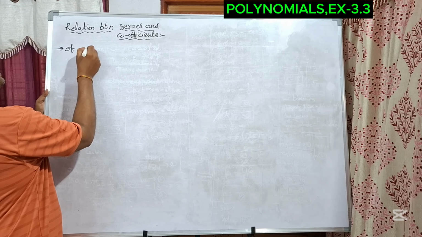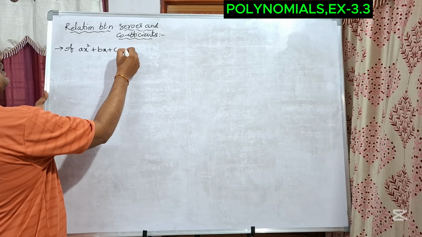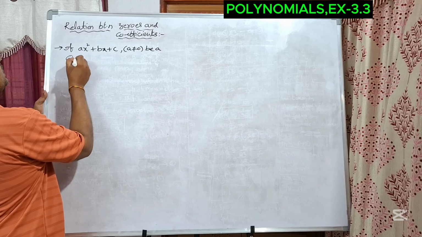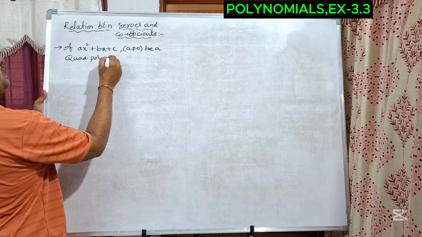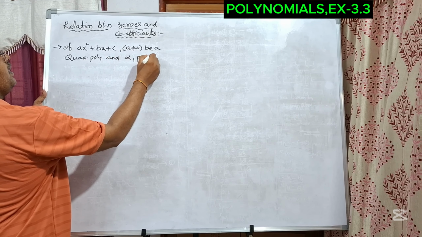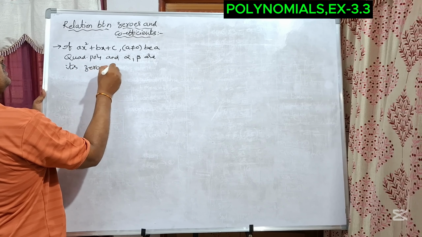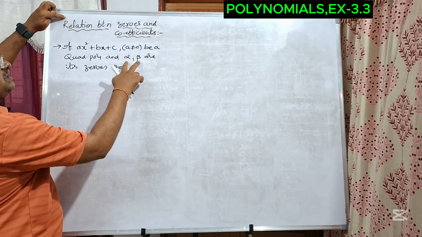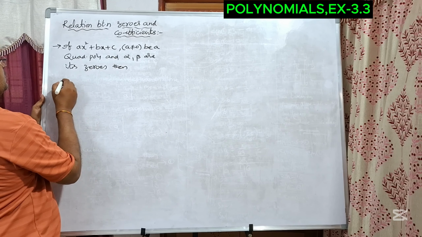If ax square plus bx plus c, at a not equal to 0, is a quadratic polynomial, and alpha comma beta are its zeros, then the relation between the zeros and the coefficients comes like this.